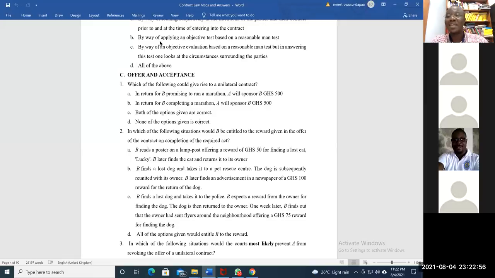In a unilateral contract, there must be the promise, and the promise stipulates the required acts. But if you look at B, it does not appear to suggest properly that A has stipulated the required act. It's like a certain situation has come into existence, and in response to that, A is making a promise. And if that is so, then the answer will be D, that none of the options given is correct.